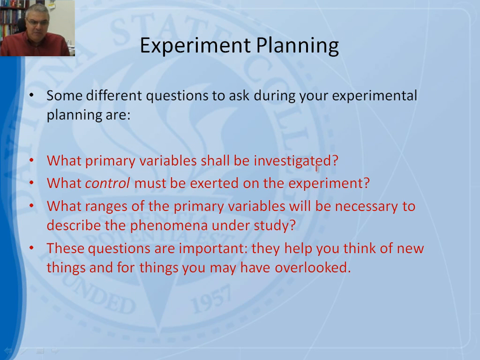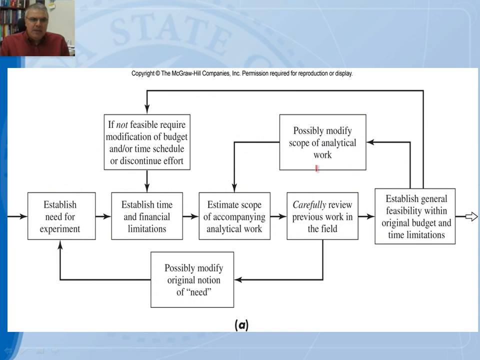What ranges of the primary variables will be necessary to describe the phenomena under study? That's also important. What are we studying, and what will be the range of the primary variables that are involved? Again, these questions are very important, and they can help us think and rethink about the experiment.